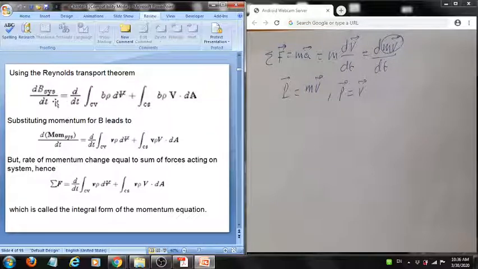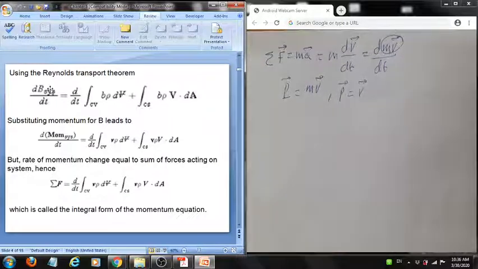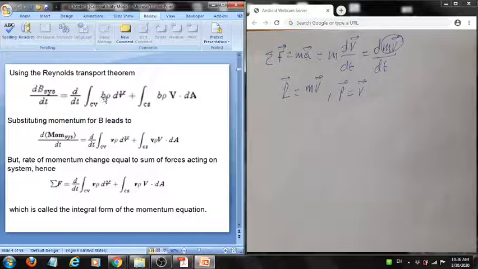Okay, in this equation, capital B in our case is the linear momentum, which is mv, and small b is the velocity. So wherever we see small b, we put in its place the velocity as seen, and then we can say the time rate of change of linear momentum is equal to these two terms.